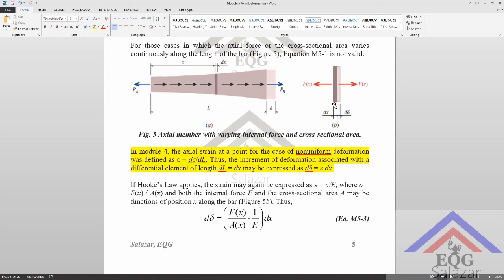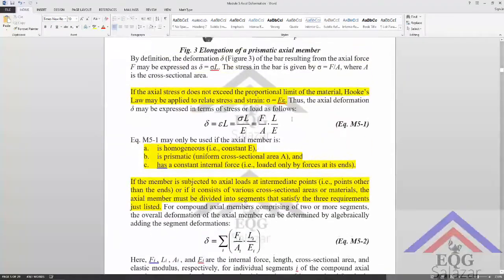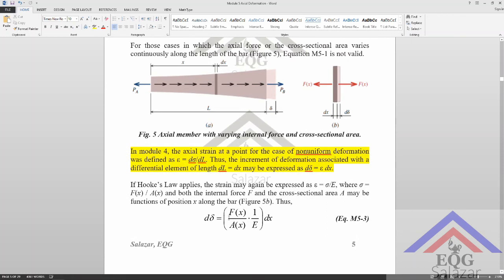Based on equation M5-1, we make equation M5-3, where F is a function of x. That means at any point along x, your force will differ.